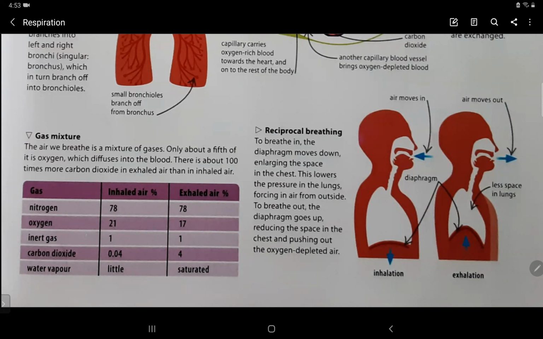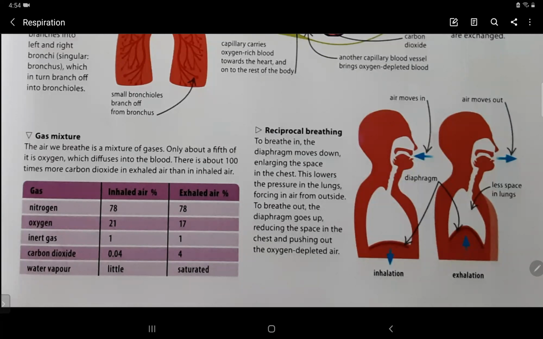The inert gas is 1% inhaled and 1% exhaled. Carbon dioxide 0.04 is the inhaled air percentage and 4 is the exhaled air percentage. Water vapor. Inhaled air percentage is little and the exhaled air percentage is saturated.